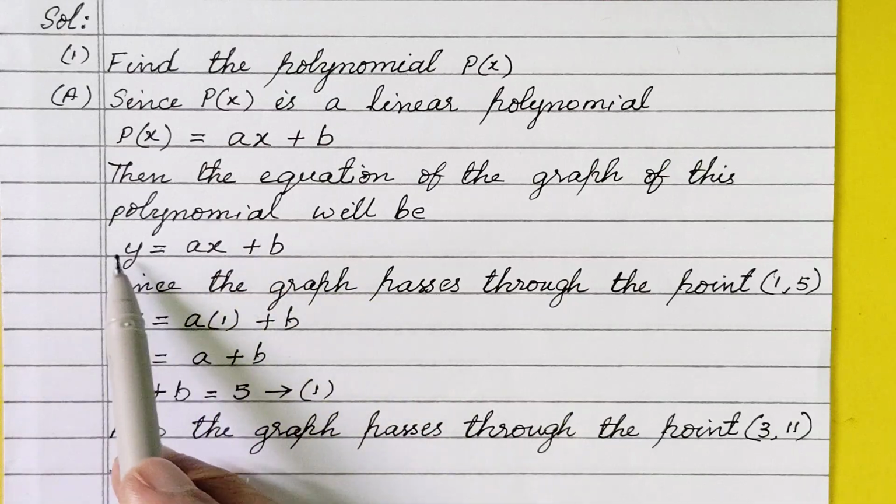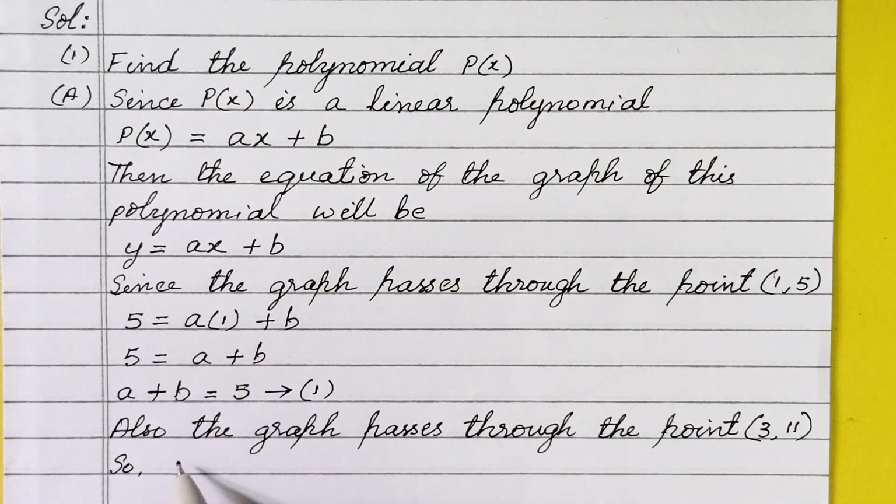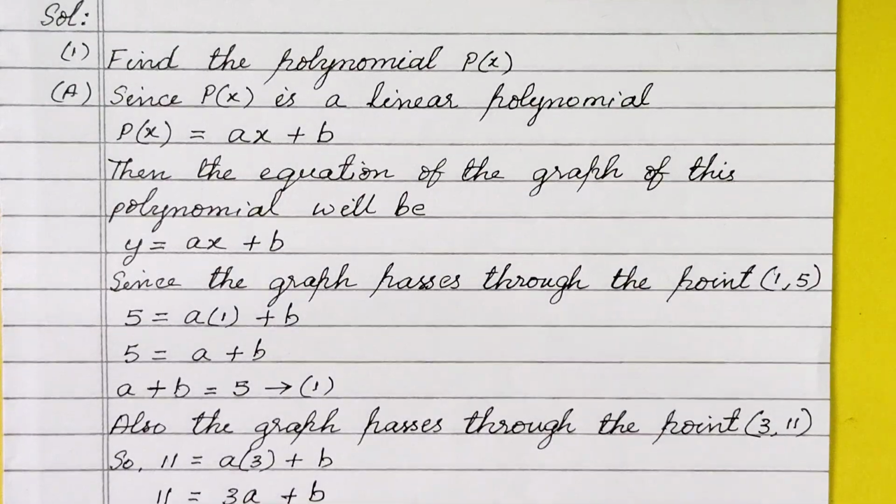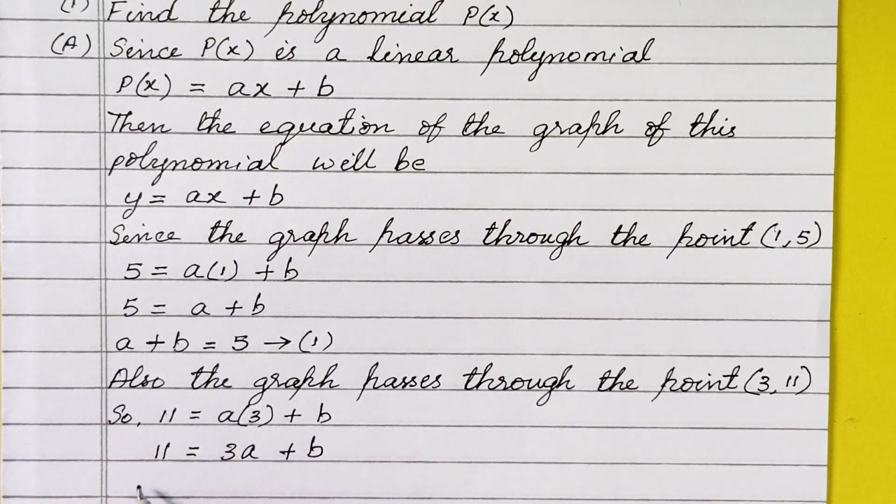In this equation we will put the values of x and y. So the value of y is 11. 11 will be equal to a into 3, x is 3, plus b. So 11 is equal to 3a plus b. I can write this equation as 3a plus b equal to 11. I will label this as equation 2. So now by solving equations 1 and 2, we will get the values of a and b.